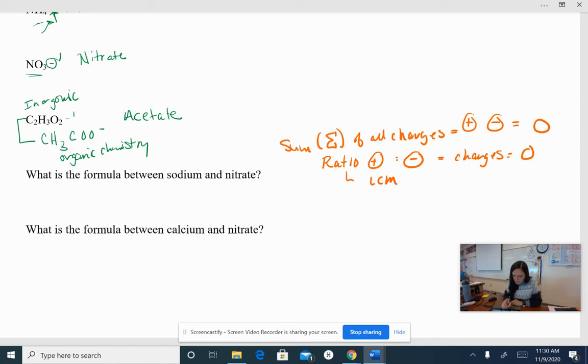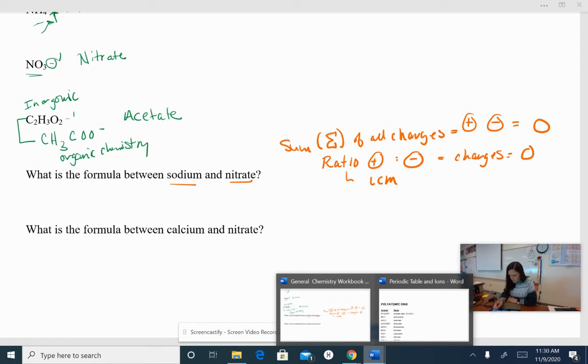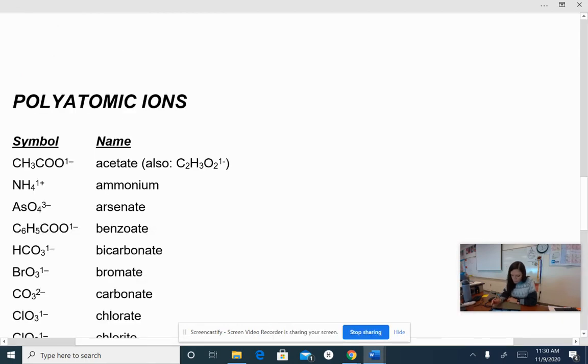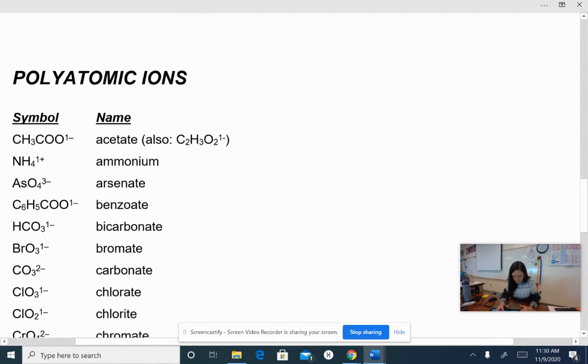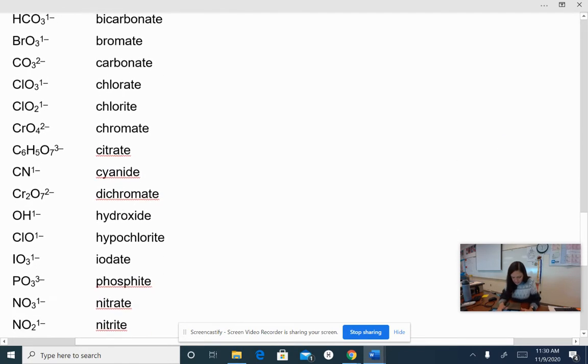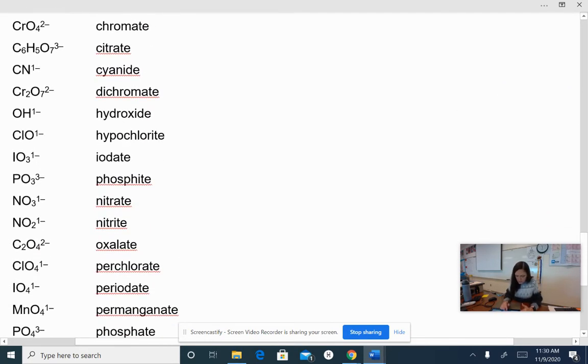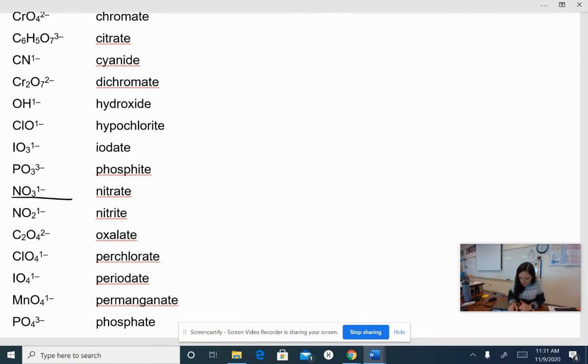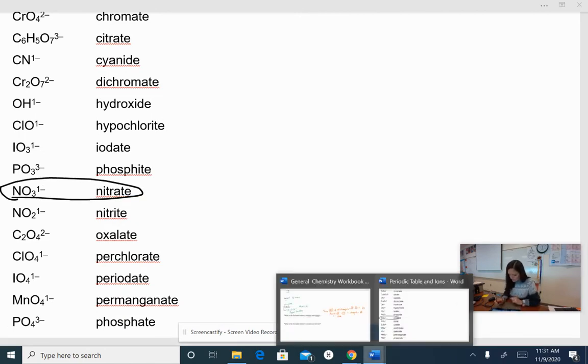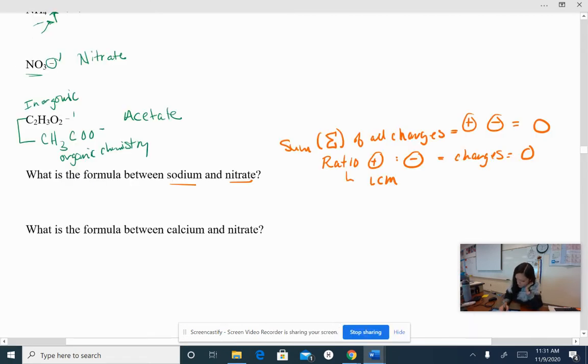What is the formula between sodium and nitrate? So let's look up our periodic table here. So let's look up nitrate first. If this is an alphabetical list, okay, so we have nitrate, NO3 -1. So I have an NO3 and I have a -1 charge.